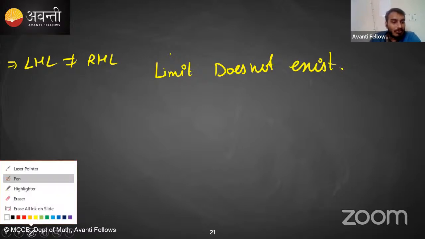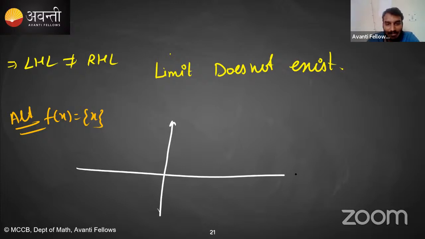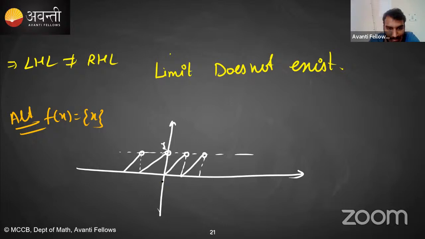Any doubt? And students, see, alternatively, how you can do this. What is this function? Function is nothing but f of fractional x, right? Everybody knows the graph of fractional x; we studied it in sets, relations and functions. Graph of the function is like this. This value is 1. As you can see, this is x equal to 0.